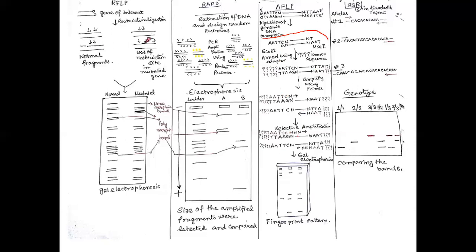So we know that only a selective portion of the region is being amplified. Even the DNA which we amplify is selective. We are not taking whole genomic DNA. We are taking the genomic DNA, causing restriction digestion, and annealing our known sequence to it. So even the template becomes very targeted, and we are very sure about the template DNA.